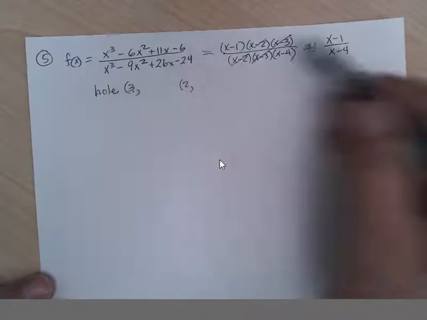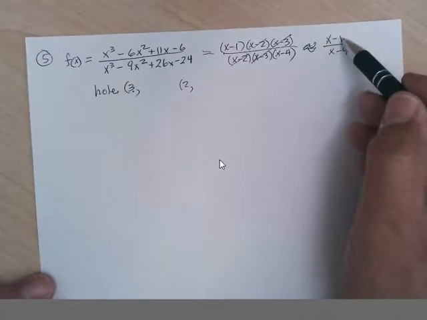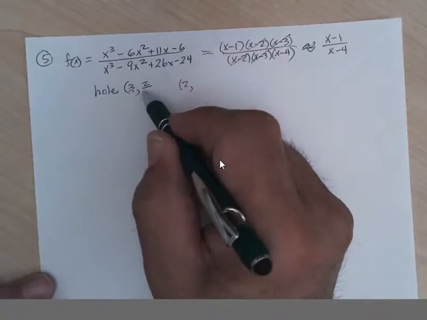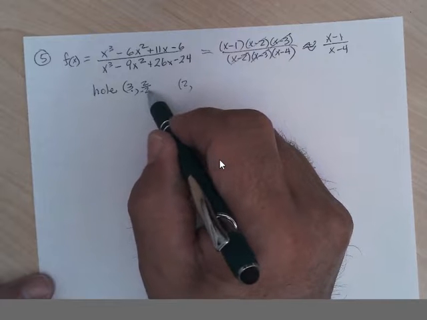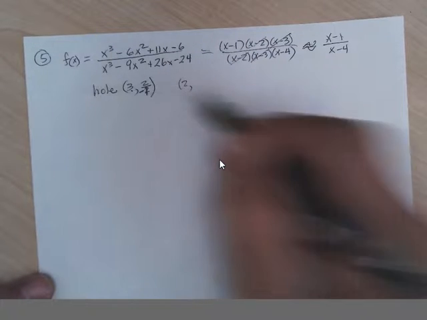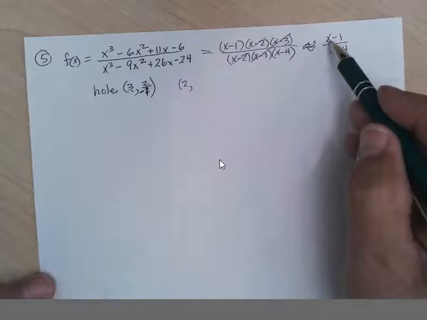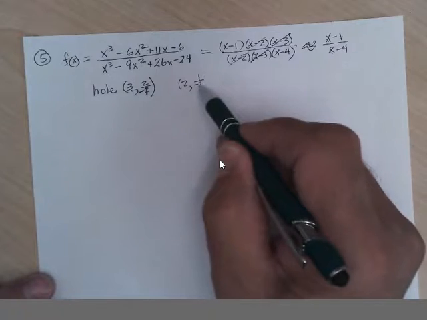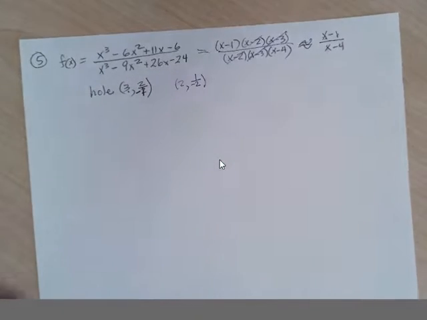And so if I put 3 in here, I get 3 minus 1, which is 2 over 3 minus 4, which is negative 2. No, negative 1. So it's 3, negative 2. If I put 2 in, I get 1 over negative 2. So there's the holes.